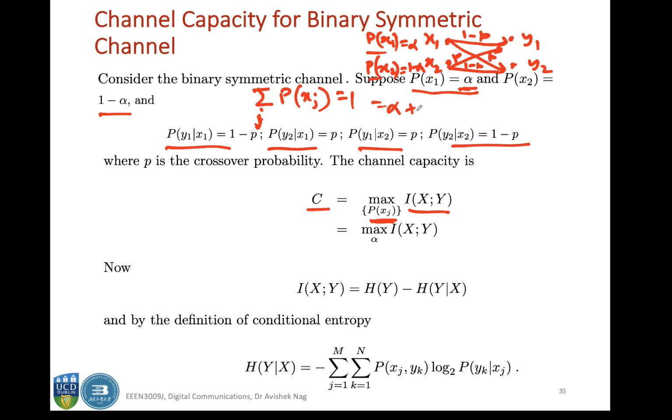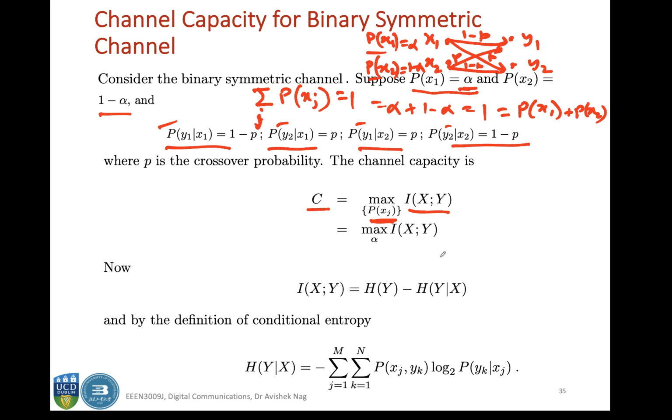So alpha plus 1 minus alpha is equal to 1. This is your p of x1 plus p of x2. In this case j is 2, you have two inputs, and p is the crossover probability, and you define the channel transition probabilities in terms of p and 1 minus p.